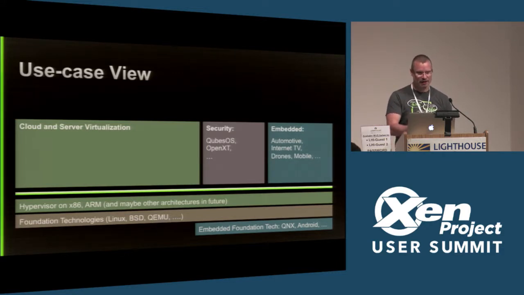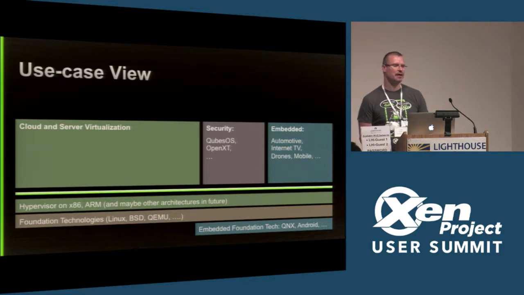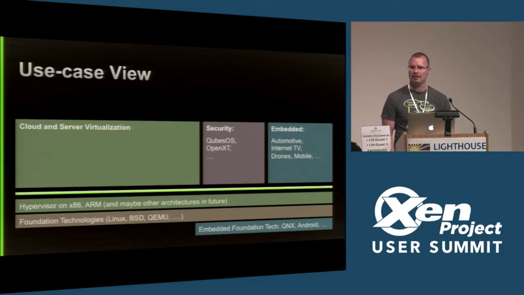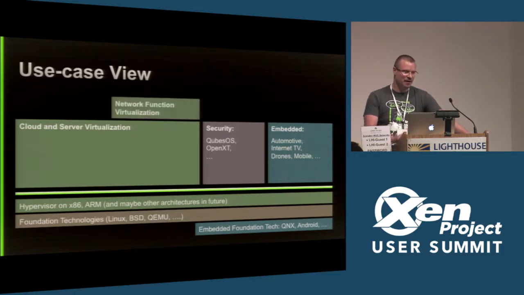But even in the server space, what's happening right now is that we're moving away from server virtualization in general. So we're moving to sort of software-defined everything. What we're seeing is network function virtualization and storage and other areas emerging as separate blocks on top of that.